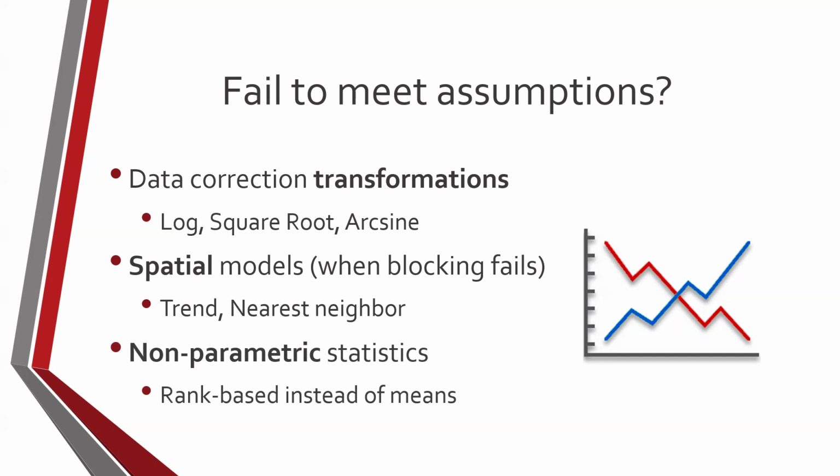Finally, non-parametric statistics. They throw out ANOVA and its assumptions, and instead just analyze the data by ranking the assessment values. A mean comparison test can still be run on the mean of those ranks.